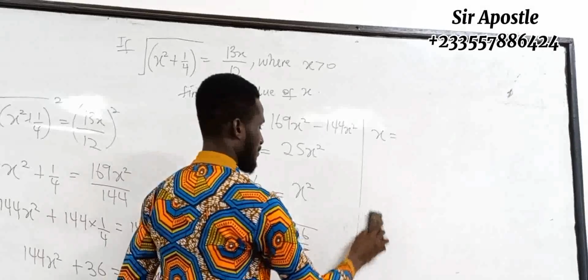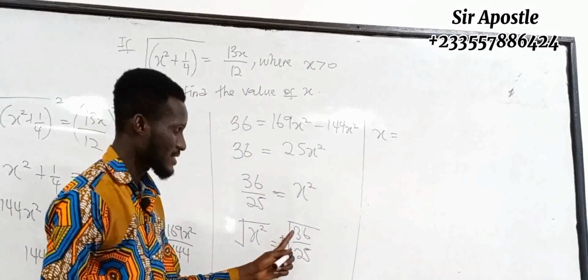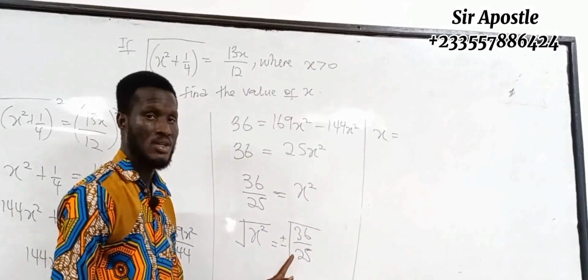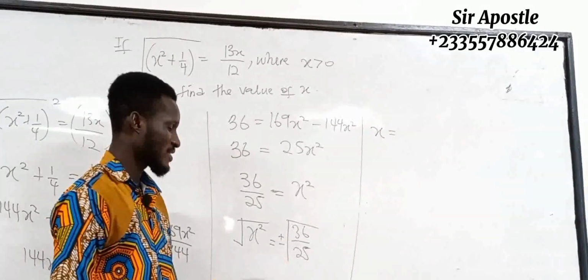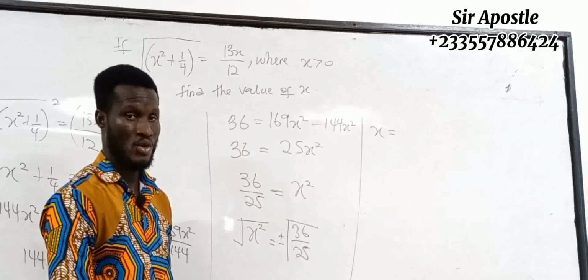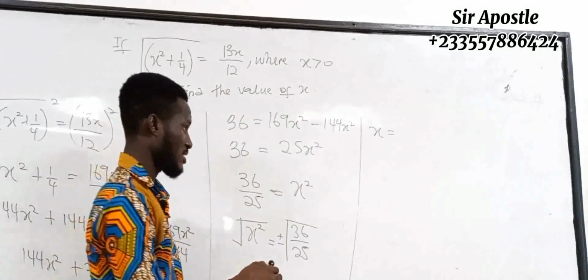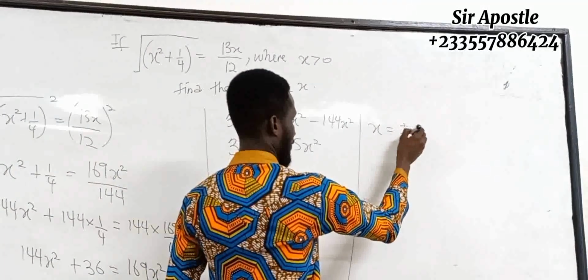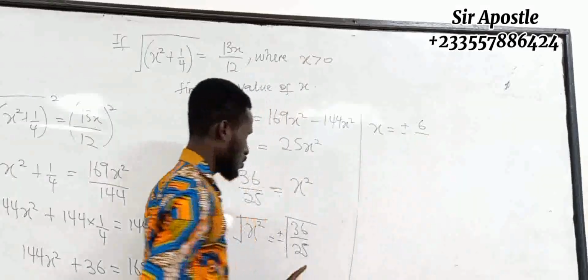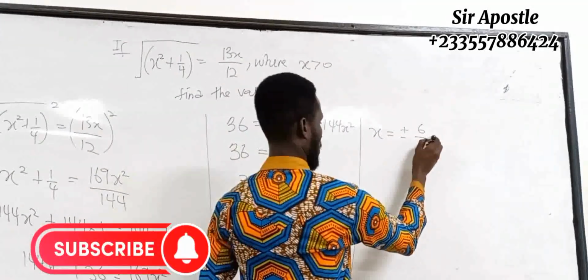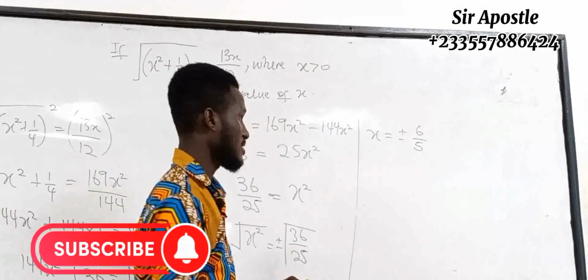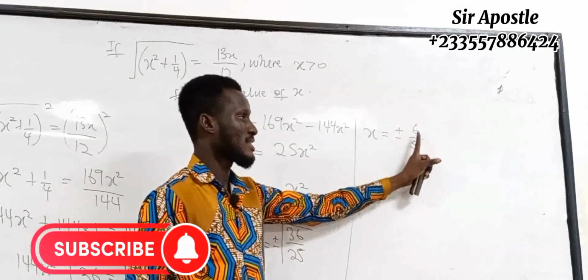So it means that the square root is affecting 36, the square root is affecting 25. So since they are all perfect square numbers, square root of 36 will give us 6, because 6 times 6 will give us 36. So I'm going to get 6, and then the square root of 25 will give us 5. So the answer is plus or minus 6 out of 5.